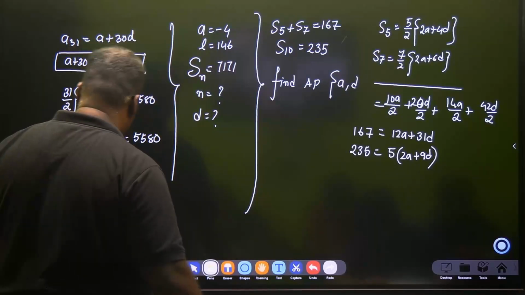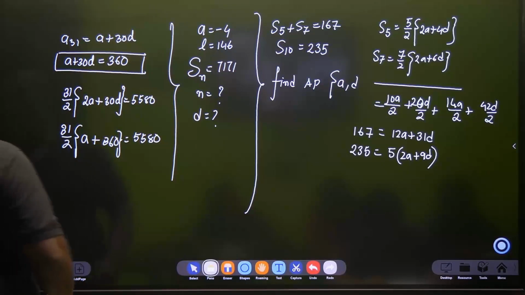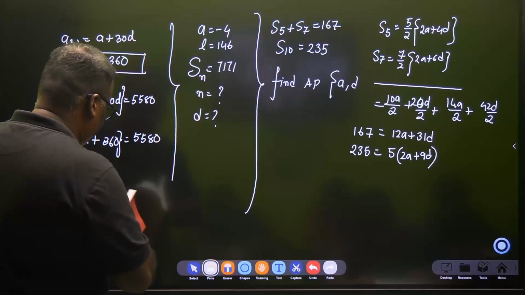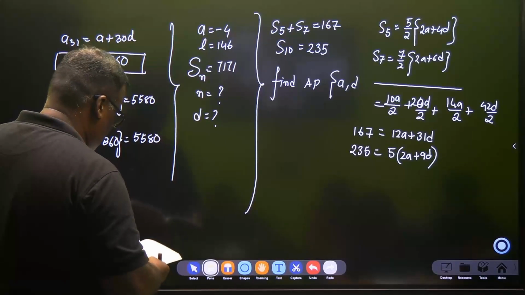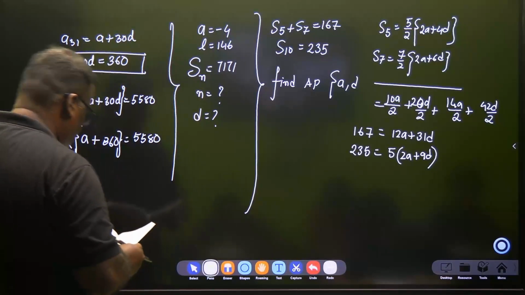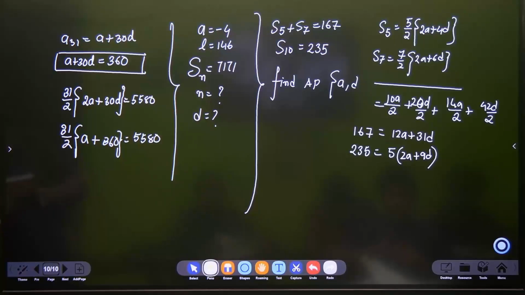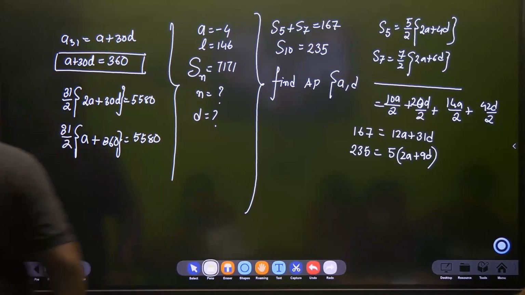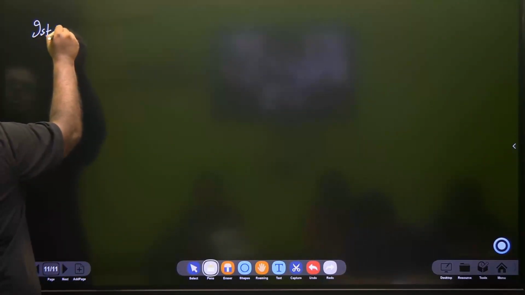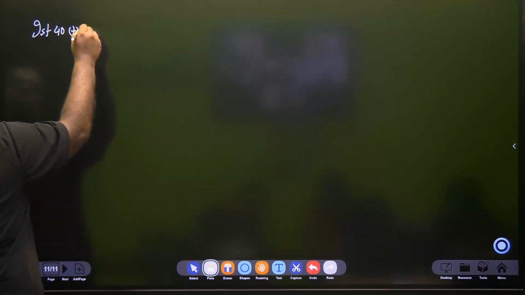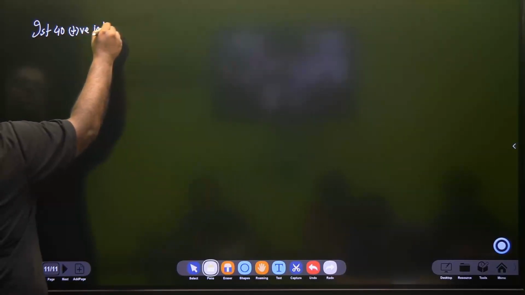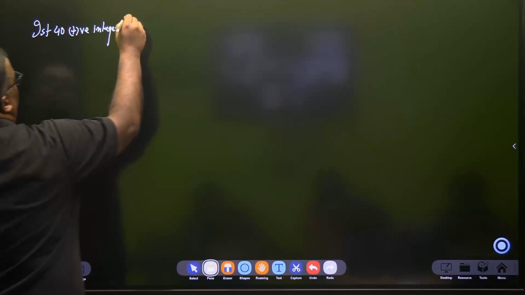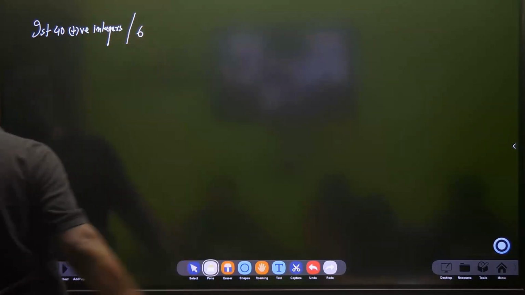Next question. Find the sum of first 40 positive integers divisible by 6.